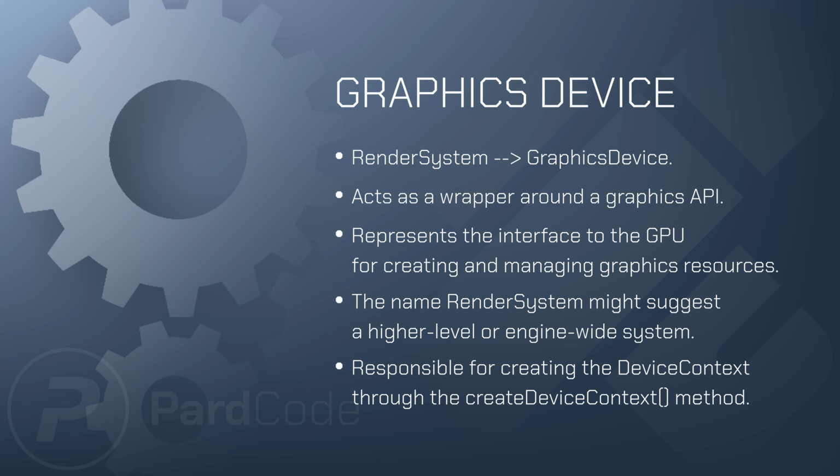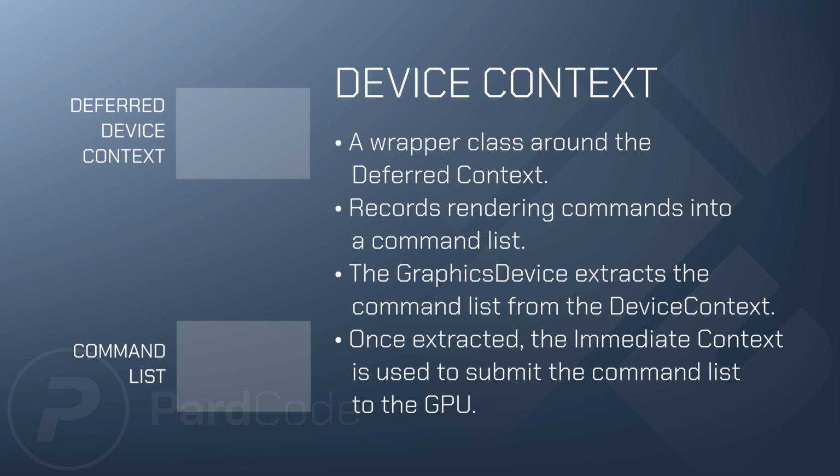Just like we have already done with the swap chain, we will add a simple create device context method to create our device context resource. In particular, the device context class will be a wrapper class around the deferred device context, the one used to record commands into a command list.